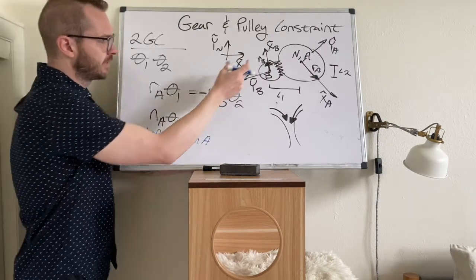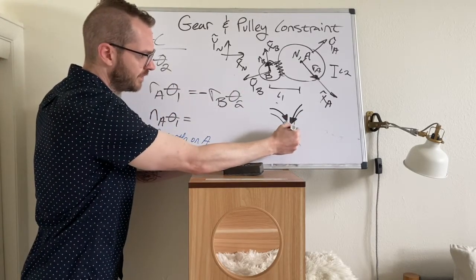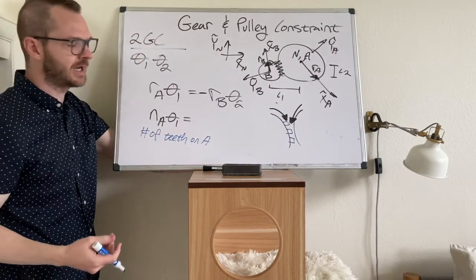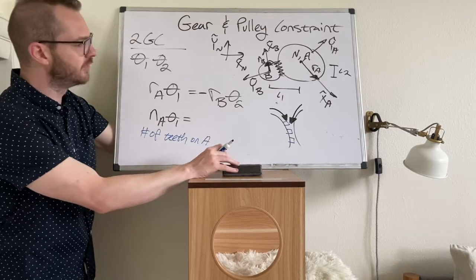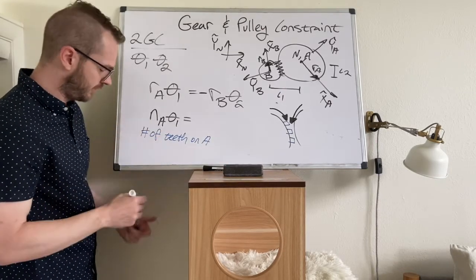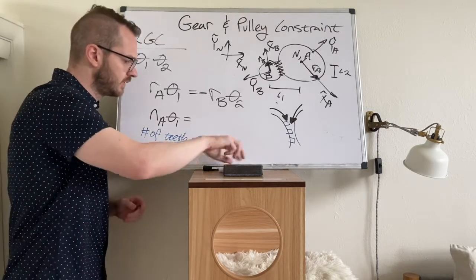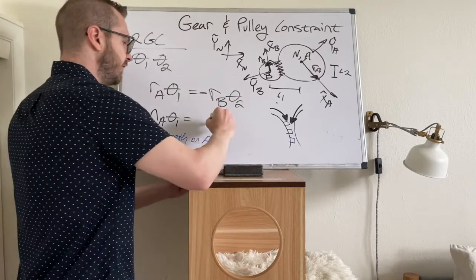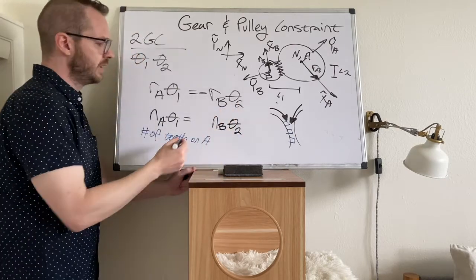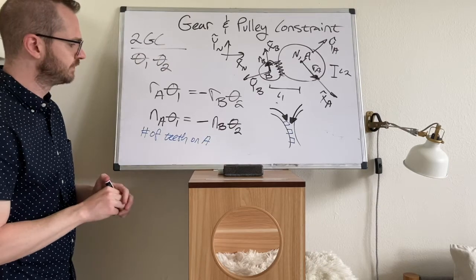So you've got a gear in front of you, and the gears have these teeth on them. And the number of teeth is obviously an integer. You're not going to have 0.7 of a tooth somewhere along it. So this will be an integer. It's the number of teeth on A, and then this is equal to the number of teeth on B, theta 2. And of course, we still have a negative sign on this one.